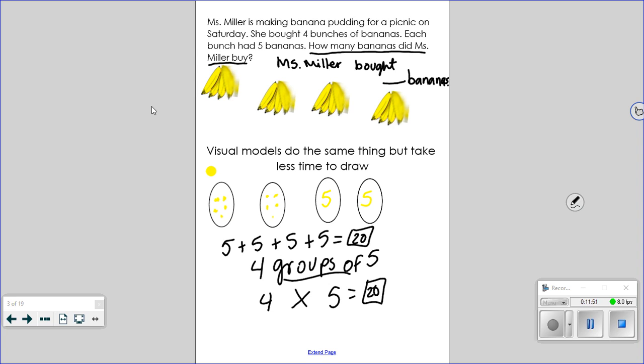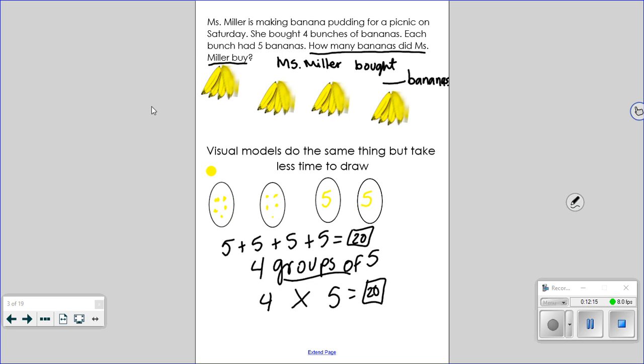Am I done? What else do I need to do on this problem? Hint, hint. Look back at your answer sentence. Yeah, it still says Miss Miller bought blank bananas.